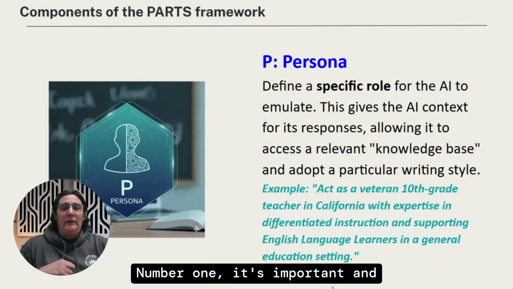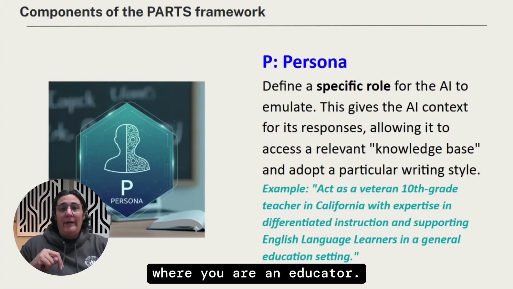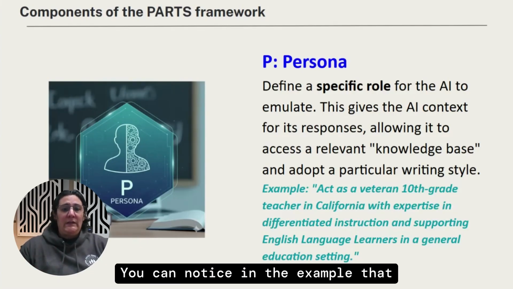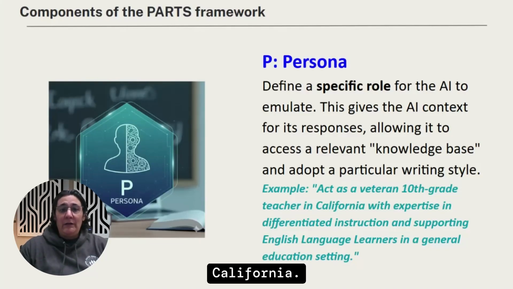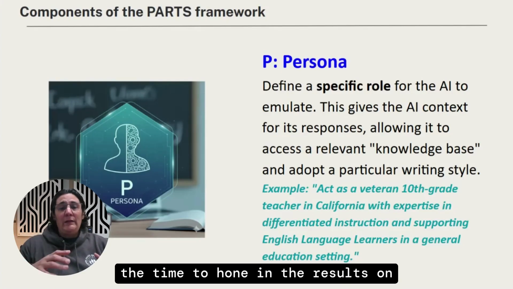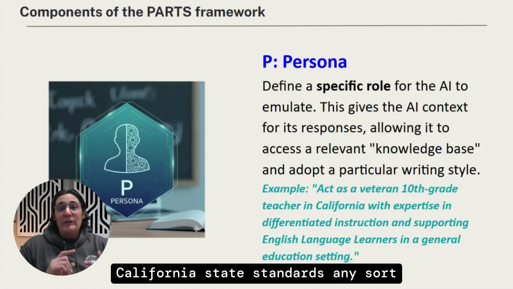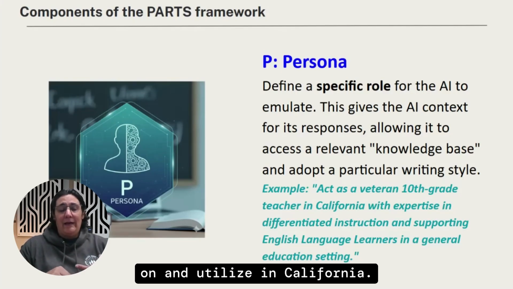Number one, it's important and helpful to put where you are an educator. You can notice in the example that I said for it to act as a veteran 10th grade teacher, specifically in California. When we tell the computer that we're in California, it will take the time to hone in the results on California state standards and any sort of frameworks that we really focus on and utilize in California.